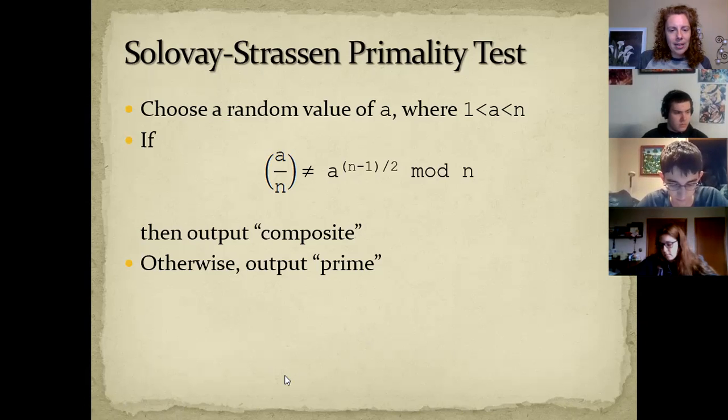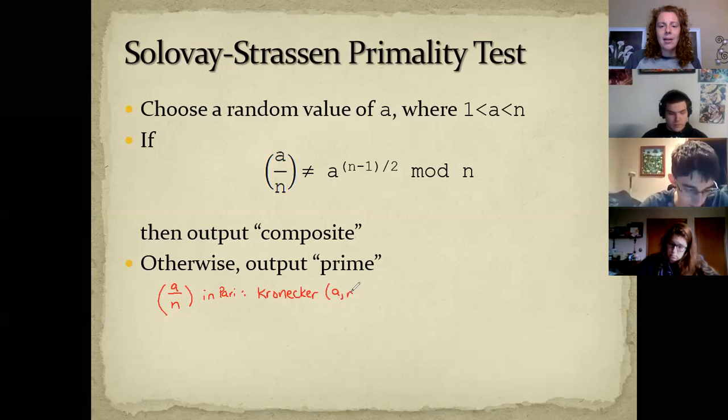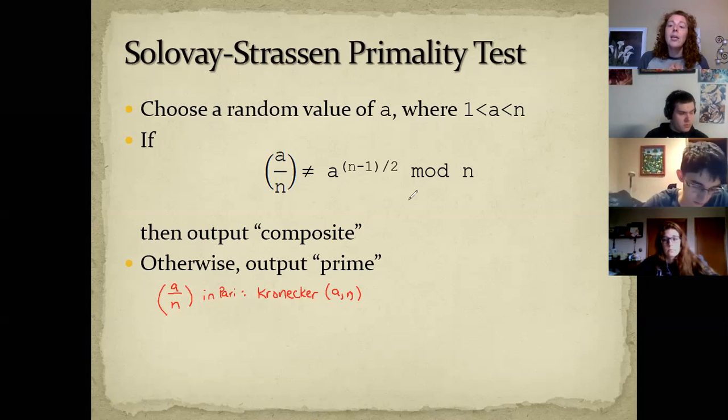If we want to evaluate A over n in Pari, my command is Kronecker A, comma, n. That's the command you want in order to evaluate the symbol in Pari.